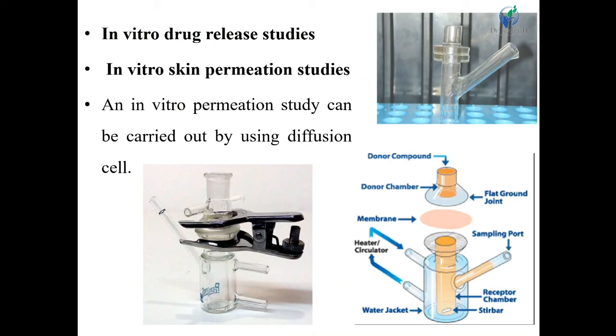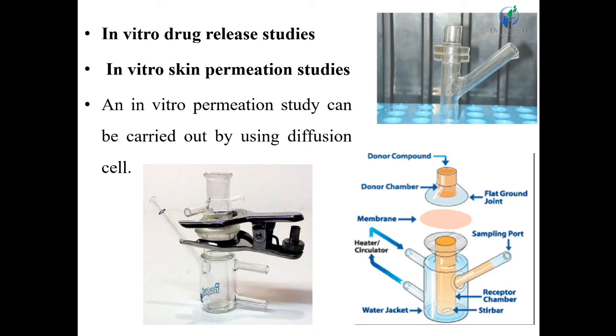Here an example is given where we carry out the diffusion study using a diffusion cell. The diagram shows a Franz diffusion cell, with a donor compartment and a receptor compartment. An artificial or simple membrane, animal skin, or human skin is placed between them, separating the donor chamber and the receptor chamber.